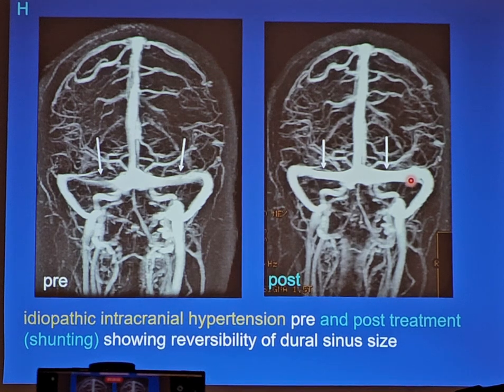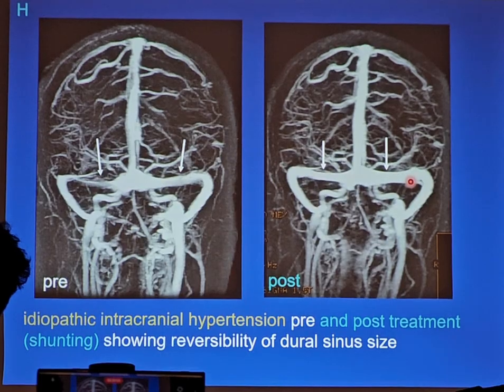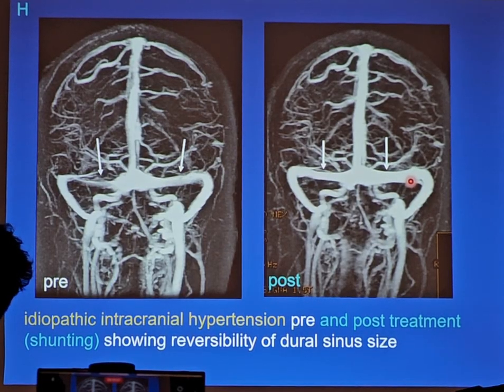So there is a real response to the pressure. The reason is, of course, brain cannot increase or decrease, and so with increased pressure, the only structures that can respond are the veins, and therefore if the pressure is high, the veins will be compromised, including the cortical veins, but certainly the dural sinuses.